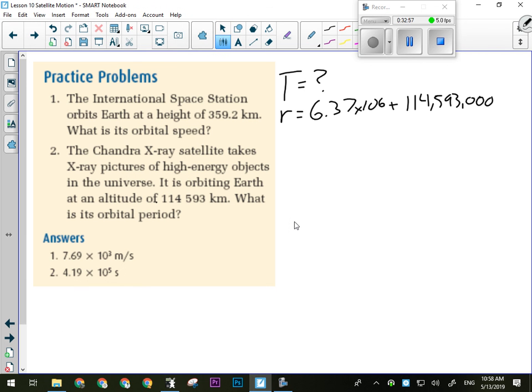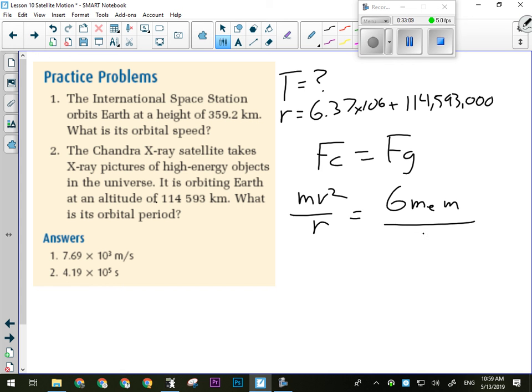All right, if I'm going to calculate orbital period using the substitution method, then I'm going to have this. FC equals FG. And I'm going to have mv squared over r equals big G times the mass of the Earth times the mass of the satellite over r squared. And then I'm going to substitute this in for v. But in order to do that, I have to square it. So that's going to mean 2 squared is 4, pi squared, r squared, t squared.